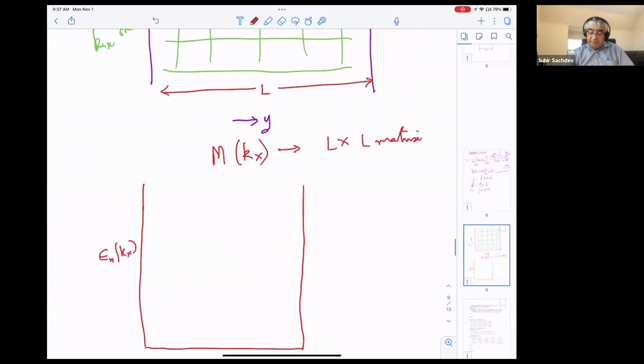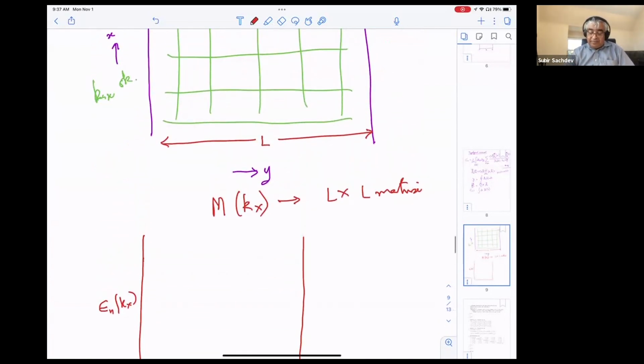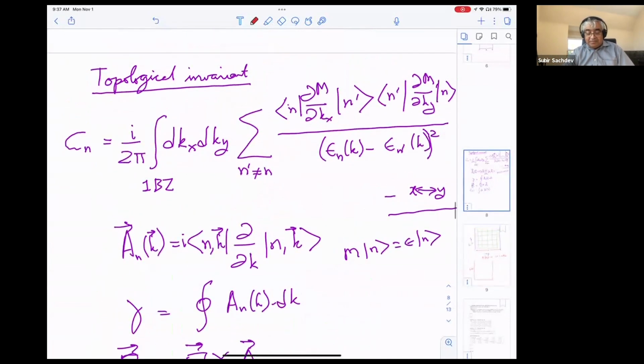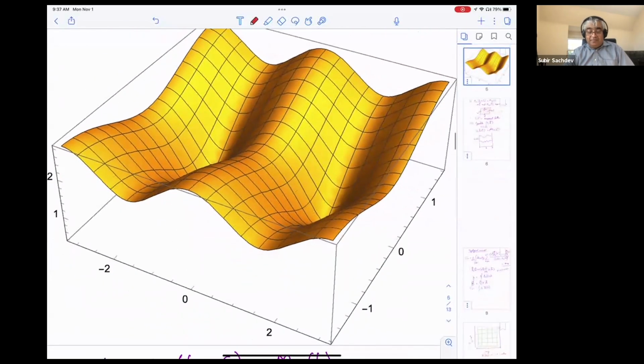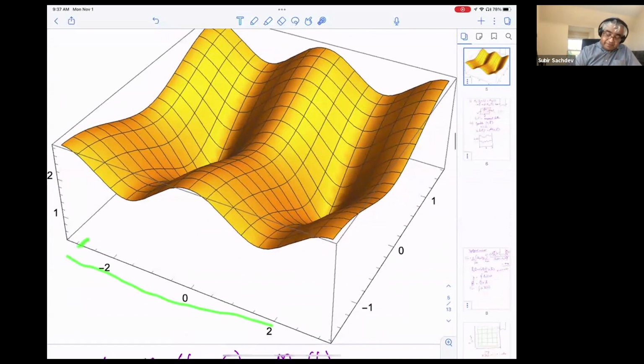Well, let's first imagine that L is practically infinite, so kx and ky are all well defined. I have this band structure, which is a function of kx and ky, but I'm only looking at it as a function of kx. If I pick a value of kx, I'll see a whole bunch of eigenvalues as I go along this direction.